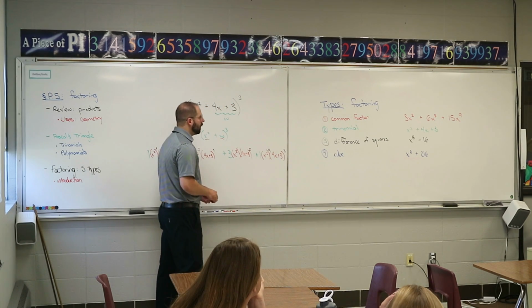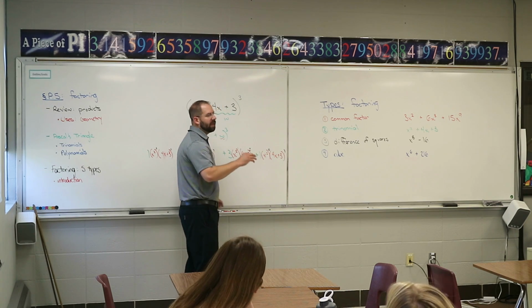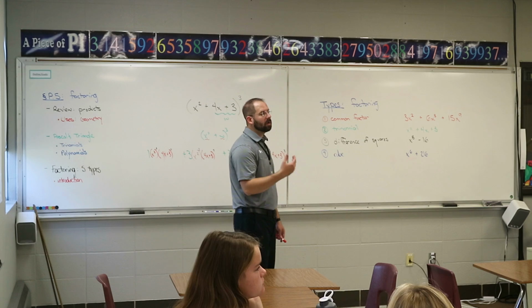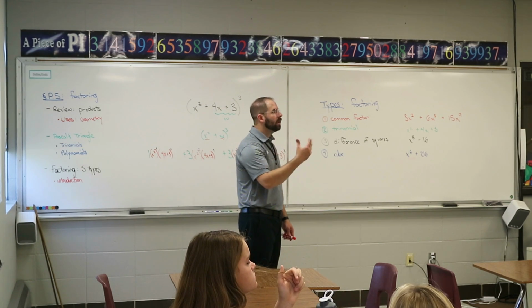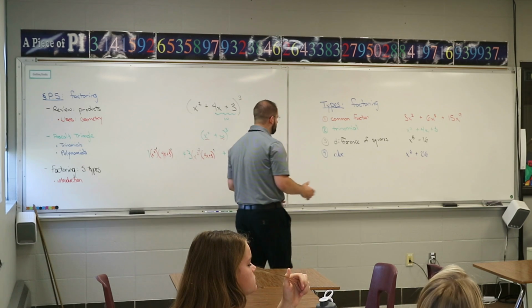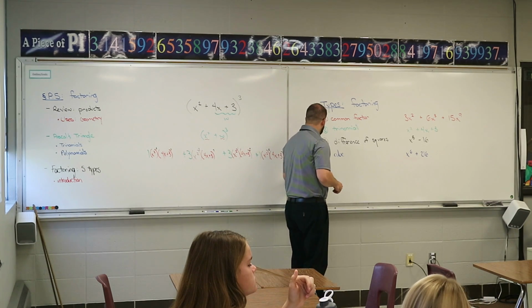The final fifth type is the one that is the hardest to teach. It's not hardest to learn, it's the hardest to show you examples of because there's just infinite options that they could have here. It's called grouping method.